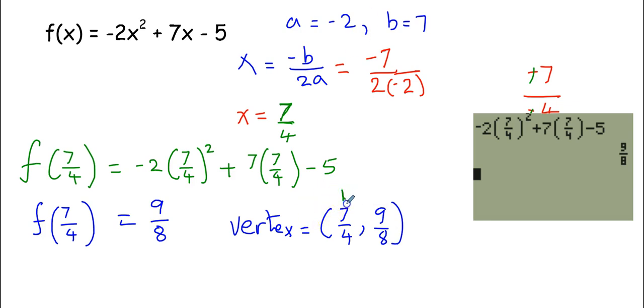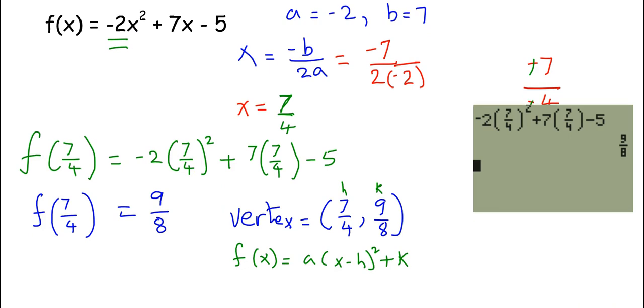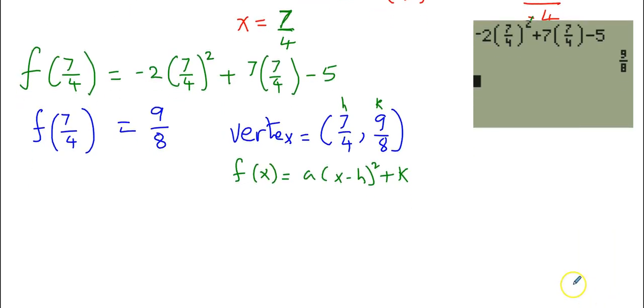Vertex, that is h and k. In the formula, f of x is equal to a times x minus h whole square plus k, I'll substitute. A is equal to -2, h is 7 over 4, k is 9 divided by 8.